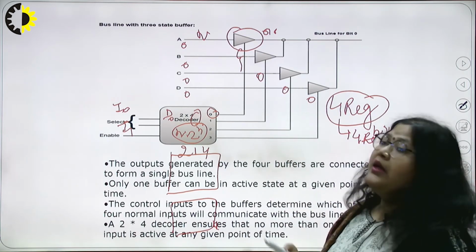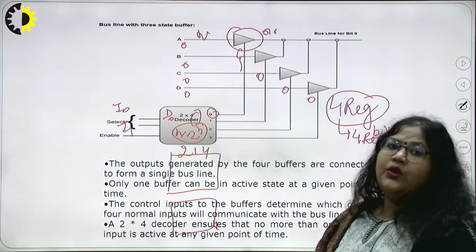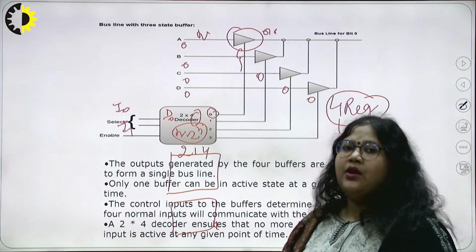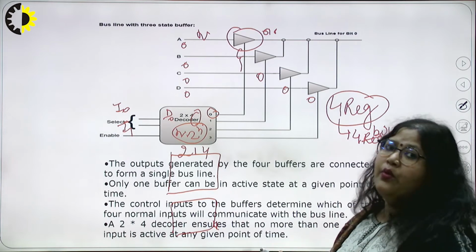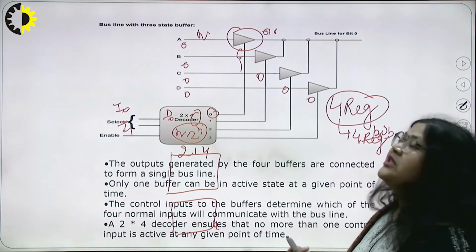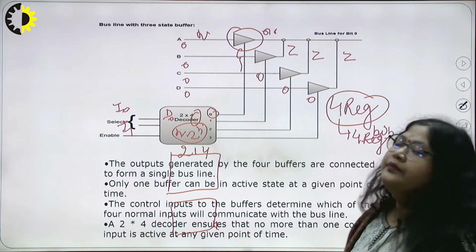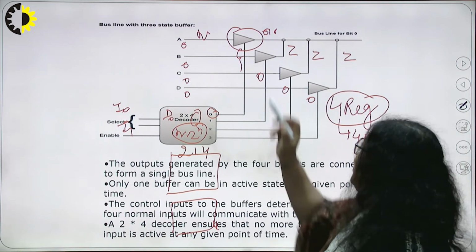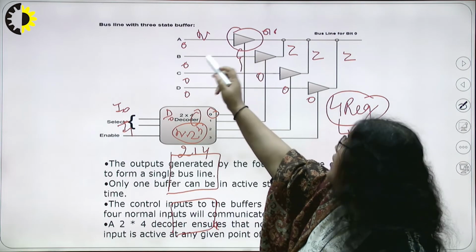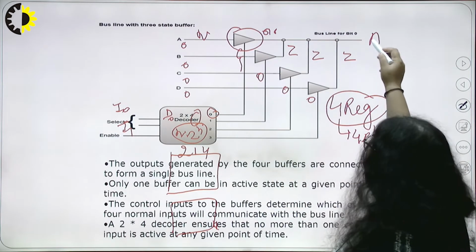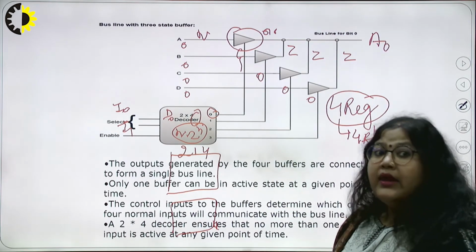For the rest of the gates the control is 0, so they react as open circuits. So there is no current flow, meaning no output is produced. In this case it is high impedance, and A0 is high, so the output receives A0 when the input is 0, 0.